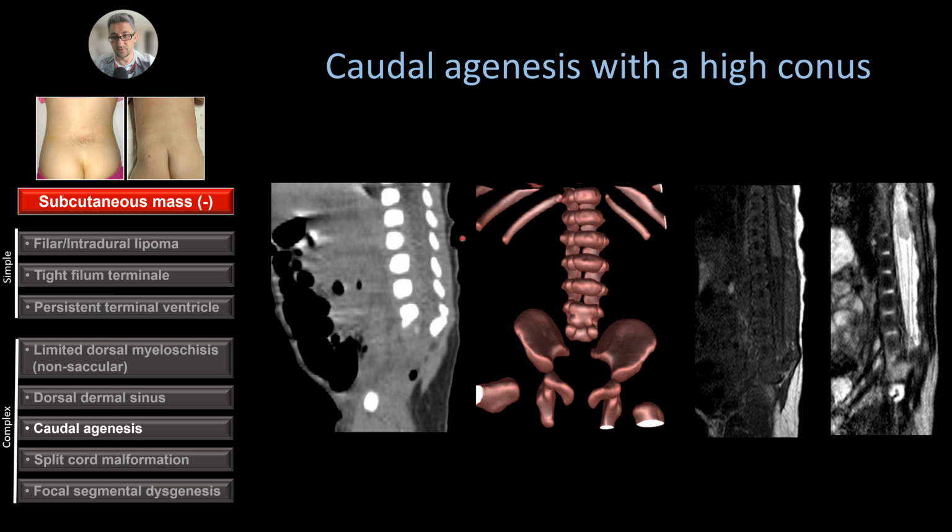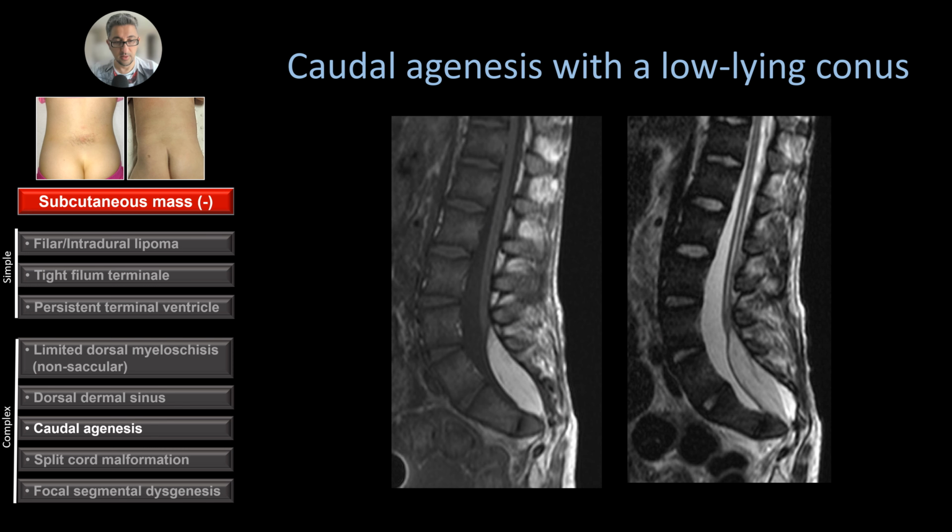Here's a severe caudal agenesis with a high conus and typical extension of the nerve roots anterior and posteriorly, and this was confirmed with the CT scan. And here is a caudal agenesis with a low-lying conus, and this is associated with a lipoma, and here you can see only a few of the sacral vertebrae.